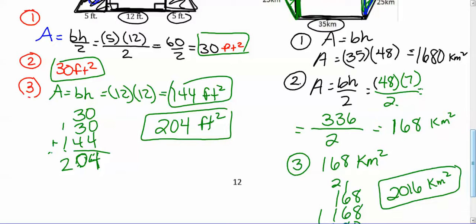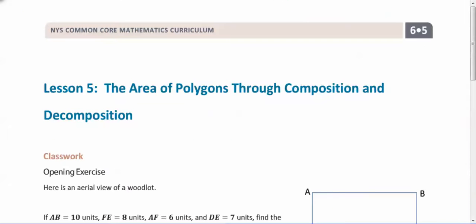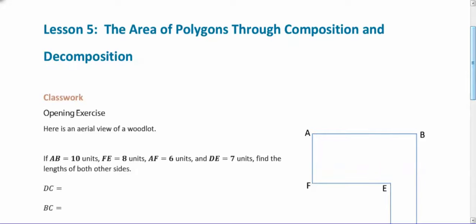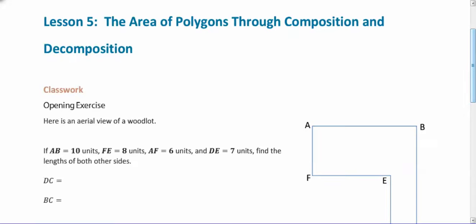So let's move forward to the next lesson, which is lesson 5, the area of polygons through composition and decomposition. All right, so you guys know that I have some, I'll say, different ways of describing some things, right?